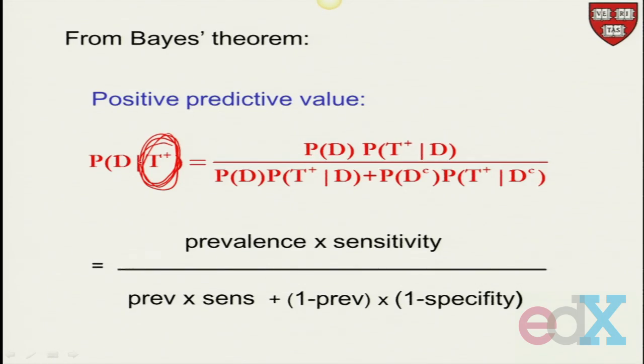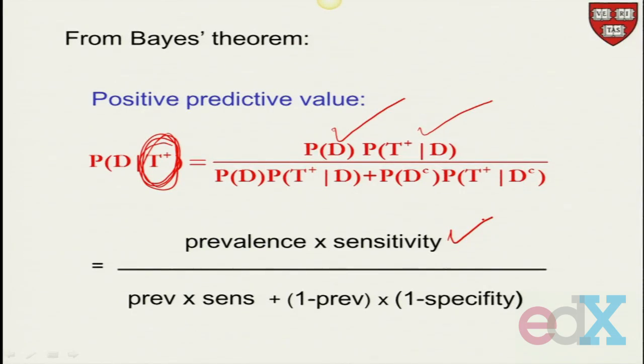Look at all the quantities on the right-hand side. We can express it with the prevalence, which was known before we took the test on this guy. The probability of testing positive given the disease, that's the sensitivity. We knew that; it was established at the factory. And this is 1 minus the specificity. So we knew that before.